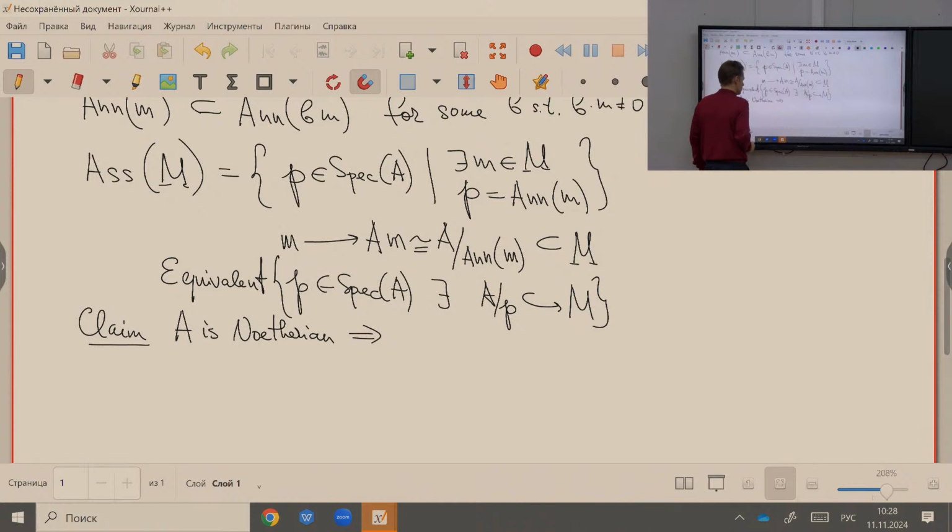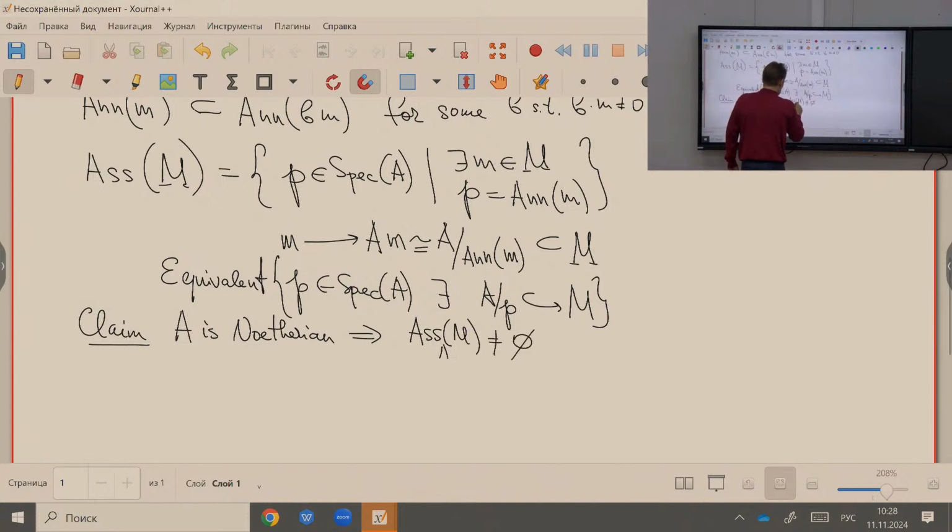then the set of associated prime ideals is not empty. And notice that in a more general setting, of course, I assume that all elements are annihilated by something, but of course the zero ideal can be thought of as an associated prime ideal.